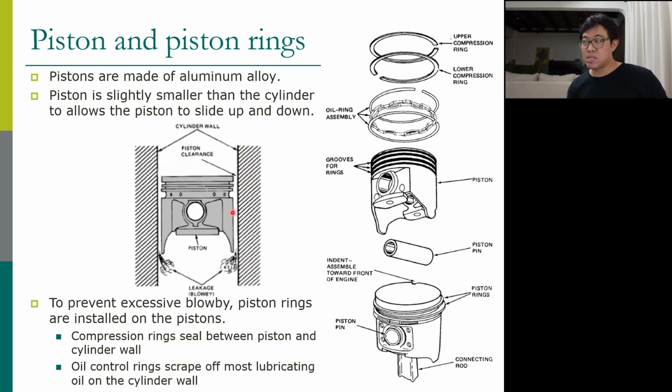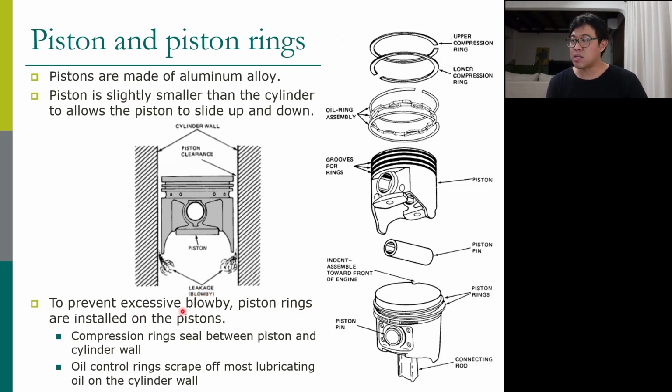This gap is called piston clearance. If the piston clearance is too much, the gas, your fuel and air or your exhaust gas, can leak through this clearance. We call that leak blow-by.